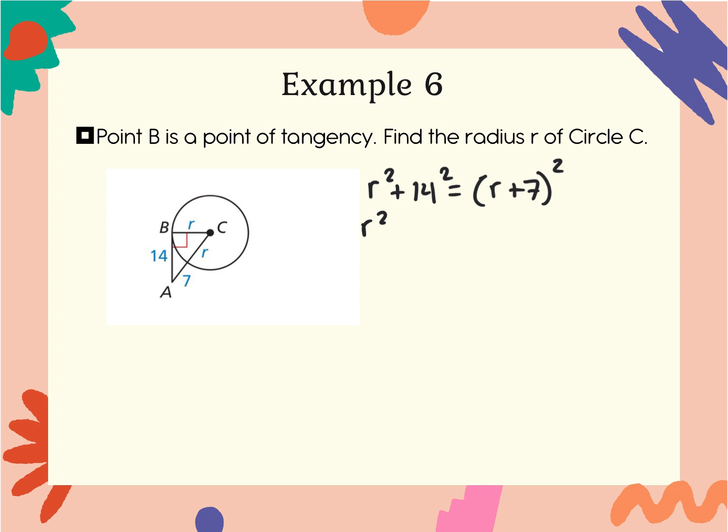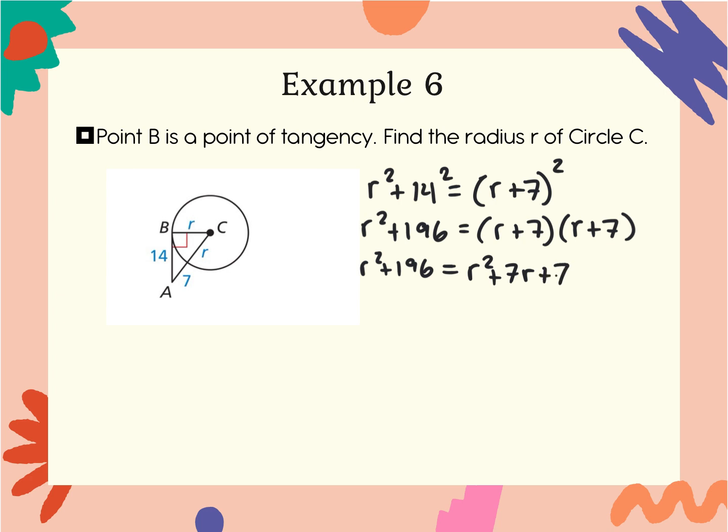Now 14 squared is 196. And I'm just going to rewrite this as r plus 7 times r plus 7, as we're going to have to FOIL it to solve it. So then we get r squared plus 196 equals r squared plus 7r plus 7r plus 49.